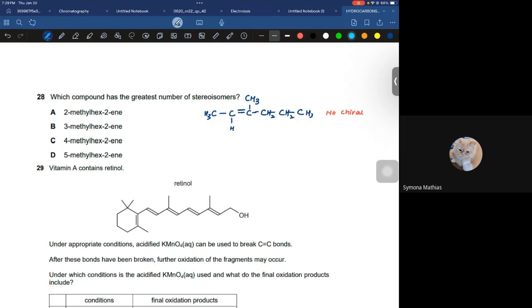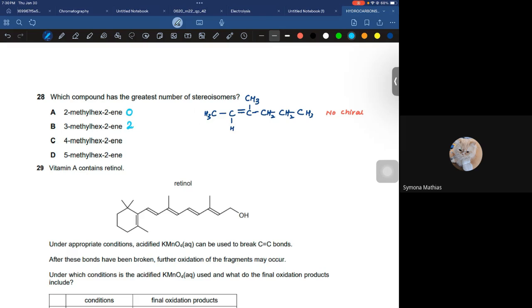Cis-trans is possible because on the double bonded carbon you have different groups attached. So I'm going to write 2 over here. Two isomers are possible, one is cis and one is trans.